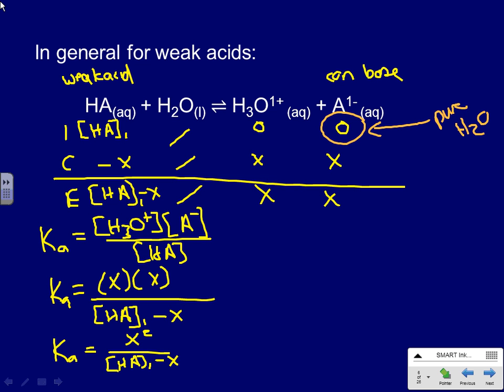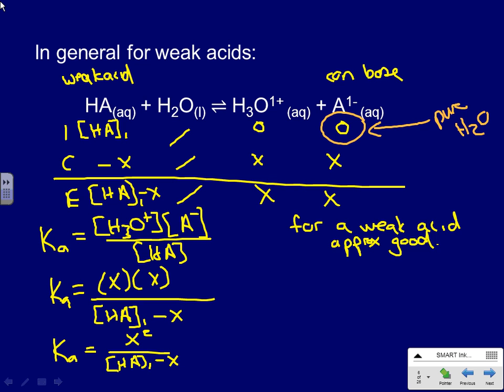We don't want to have to deal with quadratics. So what's the last resort before we do a quadratic? Check for the approximation. And here's where our derivation is going to be very important. For a weak acid, the approximation is good. A weak acid, by definition, has a small Ka.